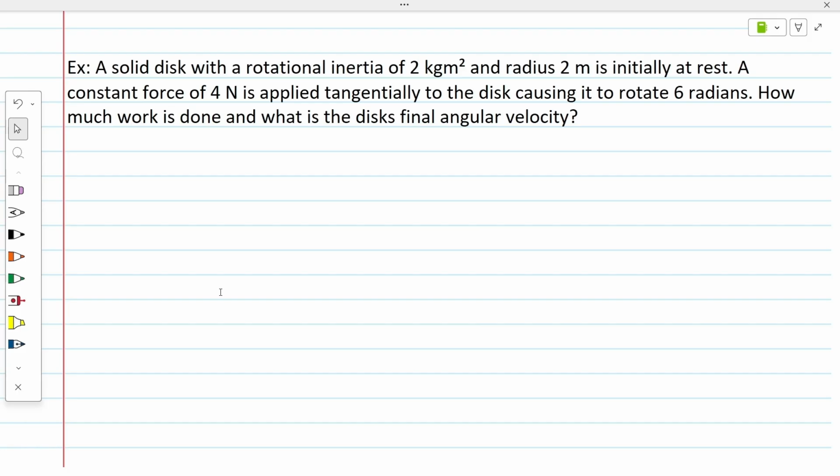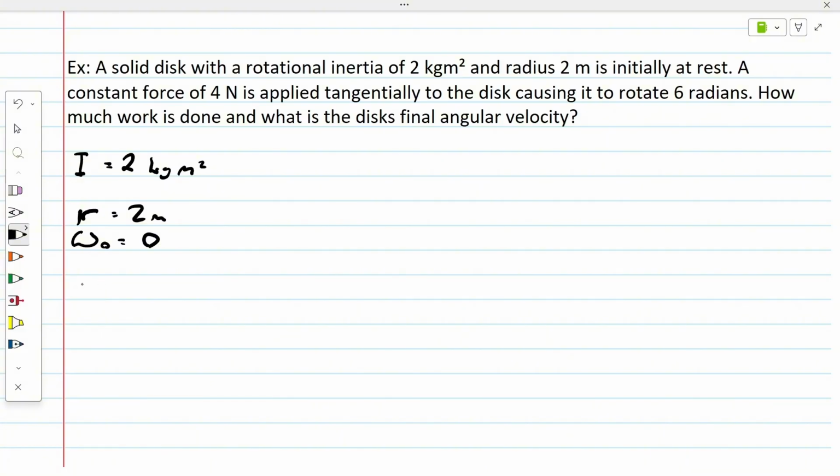Okay, so we have a lot of things going on, so let's start by simply listing what we know. We know I, the rotational inertia, is 2 kilograms meters squared. We know the radius is 2 meters, and it says it's initially at rest, so we can write that now: our angular velocity is initially 0 because it's at rest.